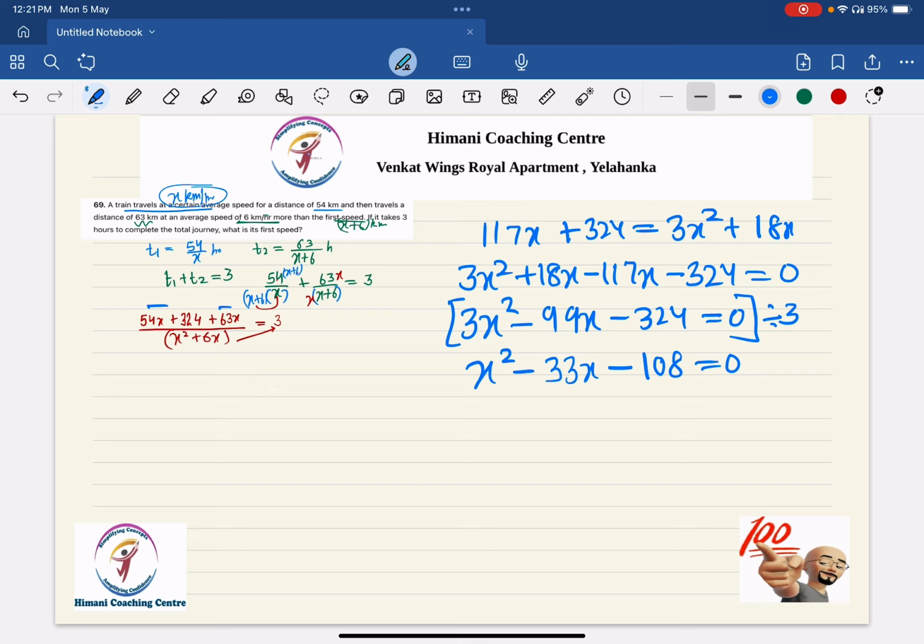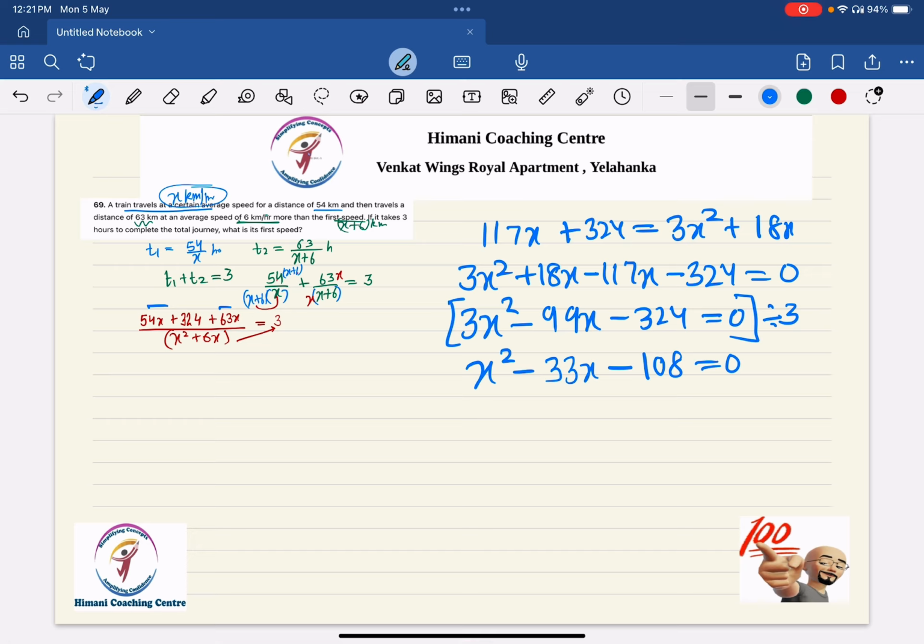And if you want to try middle term splitting, you can do that. But one word of caution, if you get the middle term splitting within the first 3-4 seconds in the exam, then you should try it. Otherwise, just go ahead and use the quadratic formula, because that will be faster.